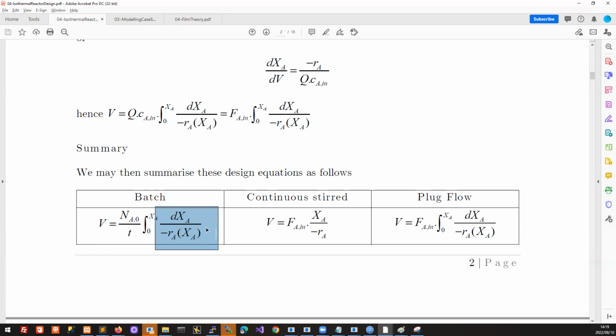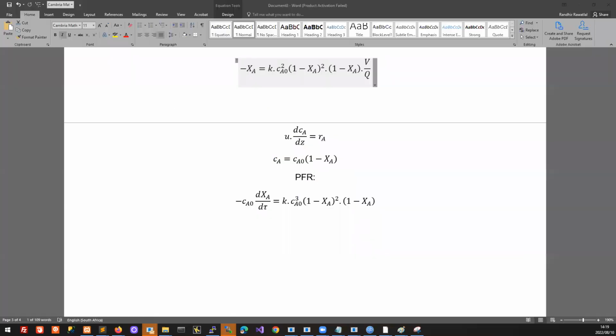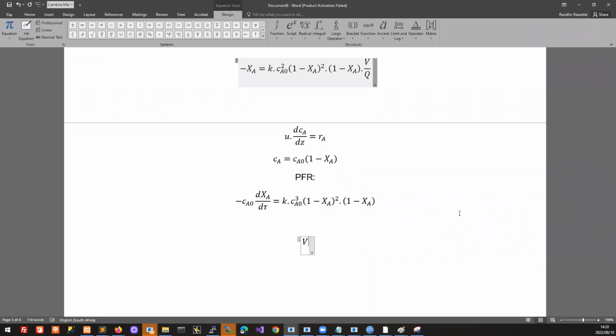So once more, just looking at this, we seem to have generally a form that looks like this. We have that the volume that we want, so we want to calculate a volume, and it's proportional to something that looks like an X, something that looks like 1 over RA, the reaction rate.